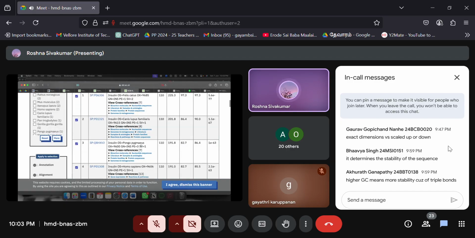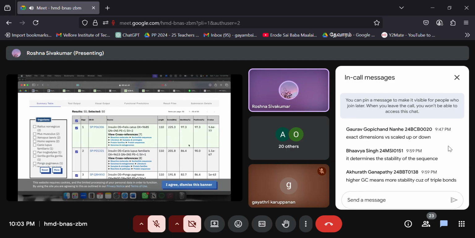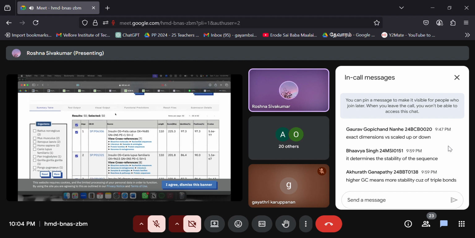Wow, this is interesting. Now it's much clearer, because you're comparing the tiger's insulin gene with everything out there. So now you can see the identity percentage is 97.3%, which is extremely high.